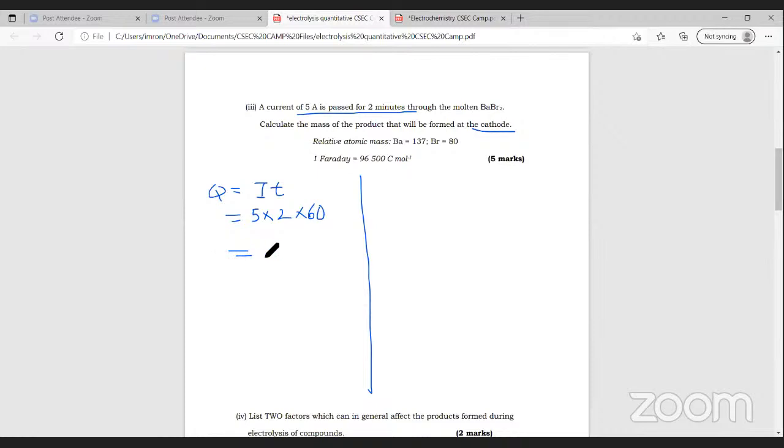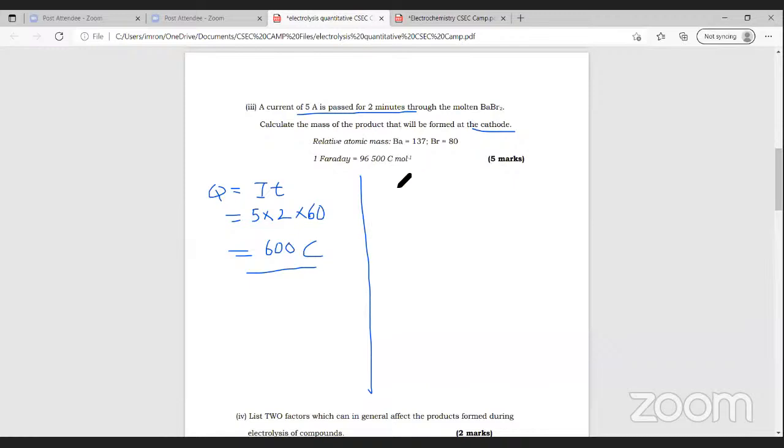So that's going to give me, somebody calculate with me, 600 coulombs. There we go. 600 coulombs. That's the quantity of electricity that flowed. Remember what they said? 1 Faraday is 96,500 coulombs.